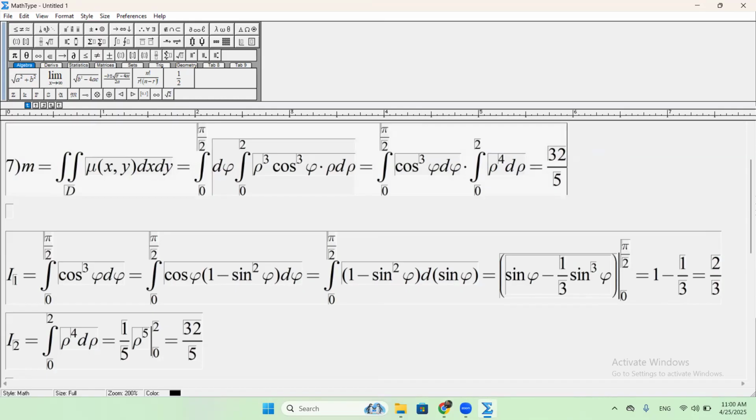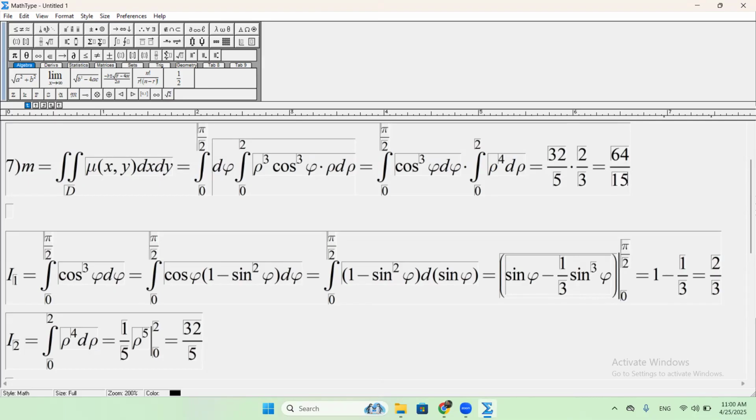I just forgot that we integrate by sine of phi. So it equals 64 over 15. So we calculated the mass.